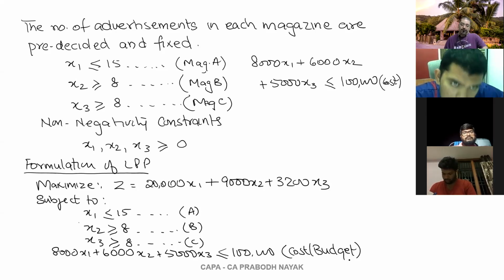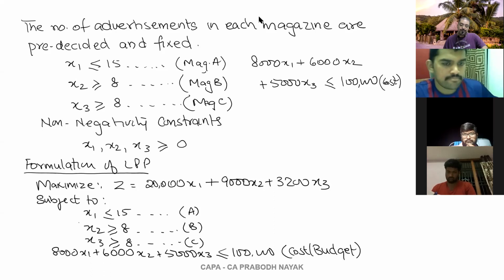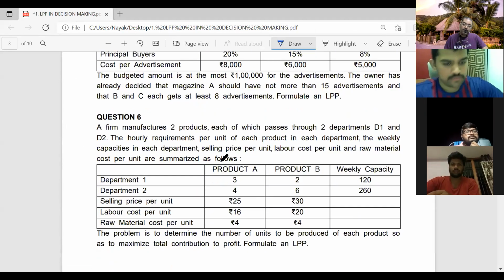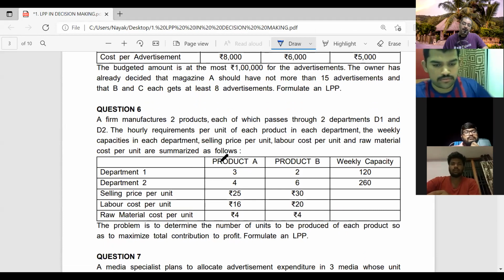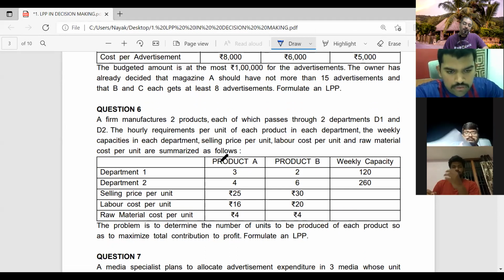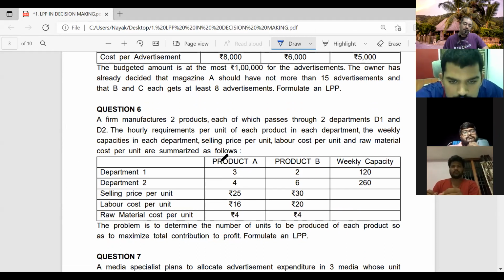Question number 6. I want you to tell me the final answer just now without my help. Very simple. A firm manufactures 2 products, each of which passes through 2 departments, D1 and D2. The hourly requirements per unit of each product in each department, the weekly capacities in each department, selling price per unit, labor cost per unit, and raw material cost per unit are summarized as follows.